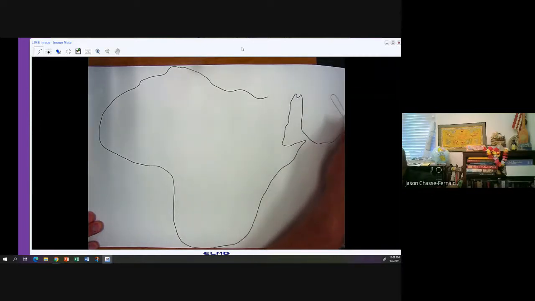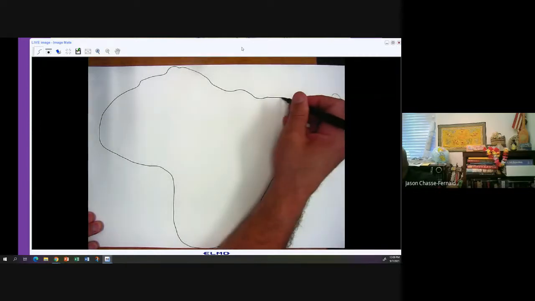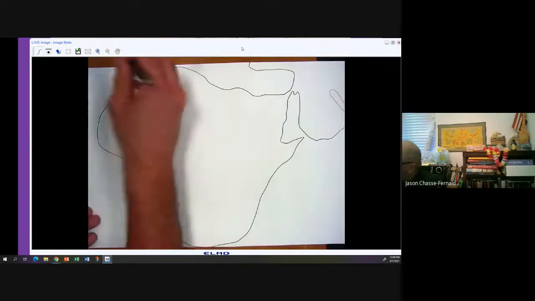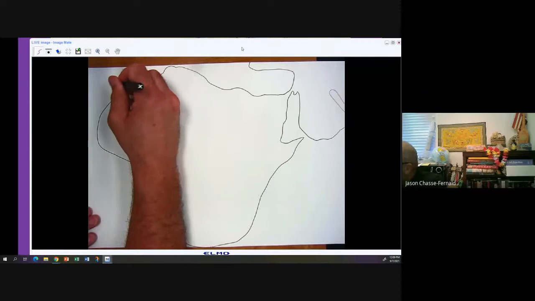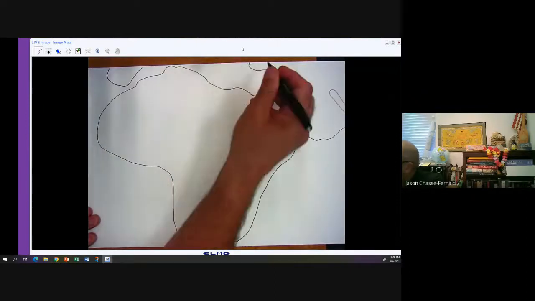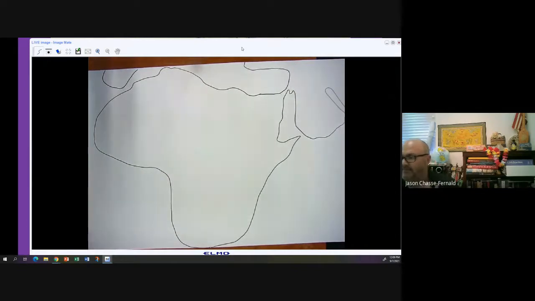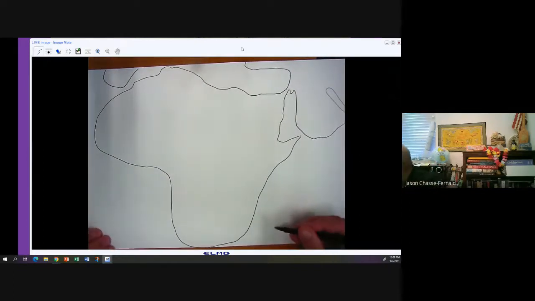Keep that up to the Persian Gulf. And we can draw the Anatolian Peninsula over there, and then the Iberian Peninsula here. And there's your basic map of Africa. Let's draw the island of Madagascar over here. So there's a little Madagascar over there.